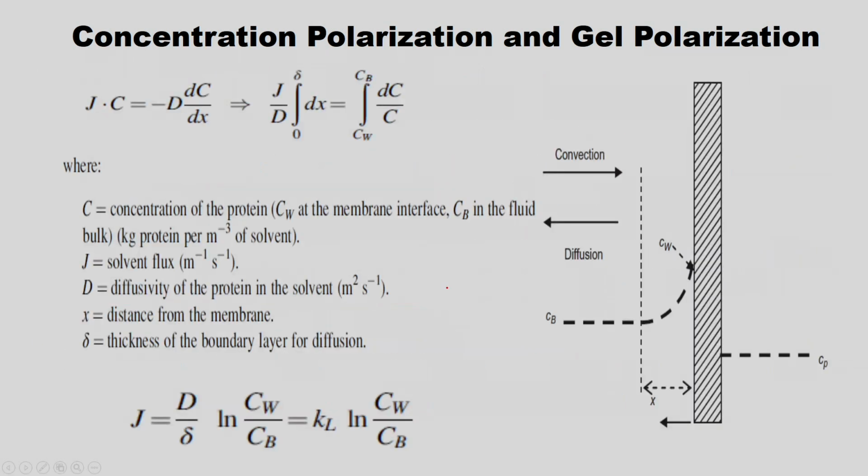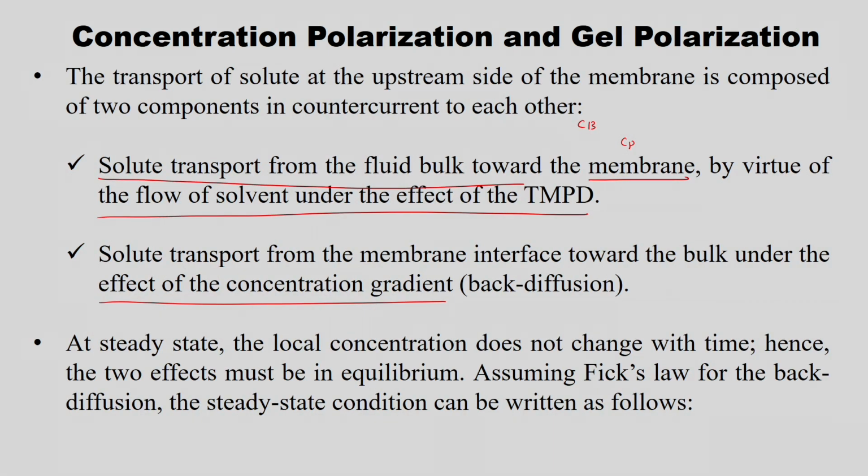So, from bulk concentration to near the membrane surface, it follows the convection mode. The solute is transferred from the bulk concentration to near the membrane wall, where the concentration is denoted CW. The second is the solute transport from the membrane interface toward the bulk under the effect of concentration gradient.